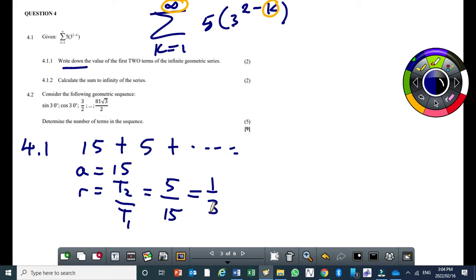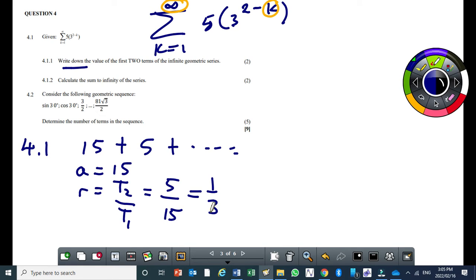Are you following that? So the common ratio is T2 over T1, which is 5 over 15, which is a third.